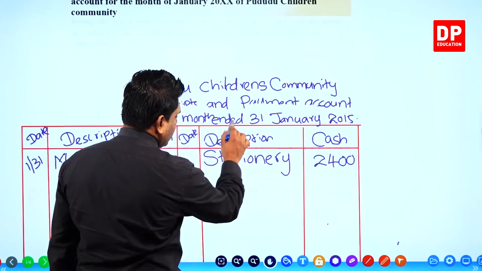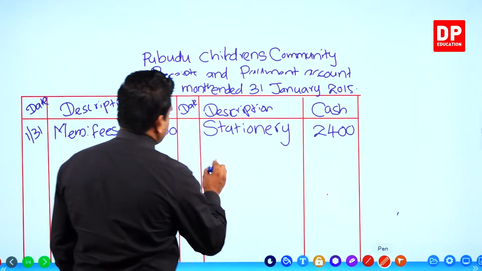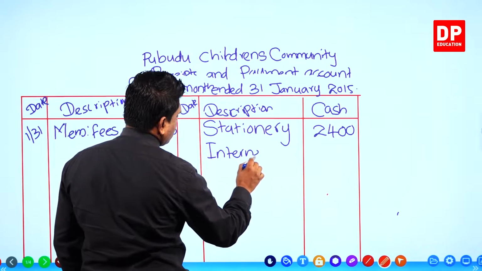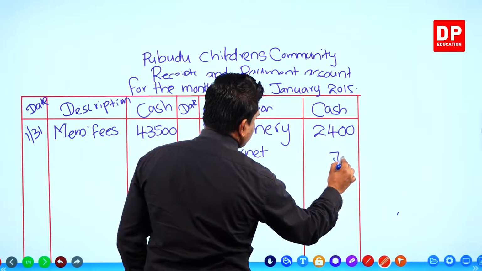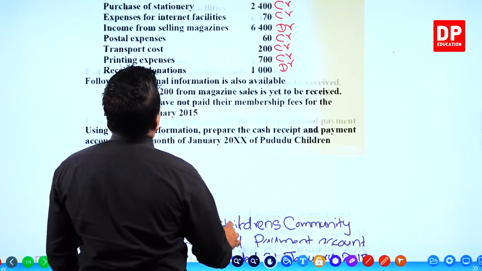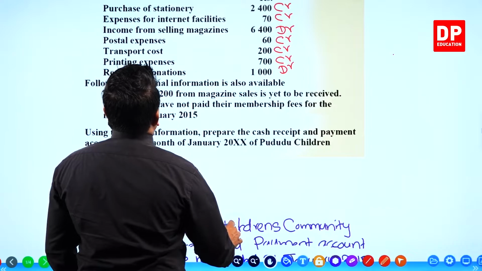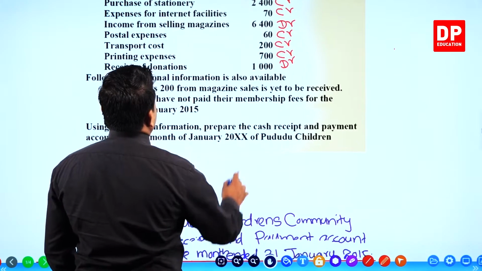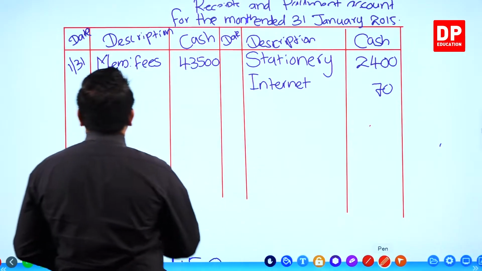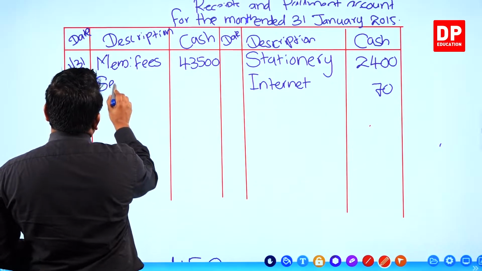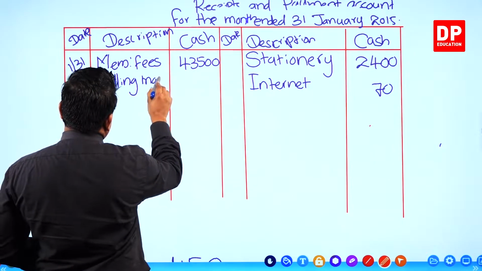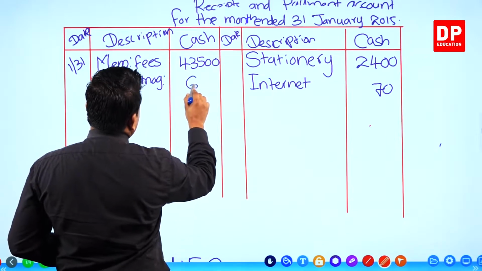Internet 70. Then incomes from selling magazines, 6,400.